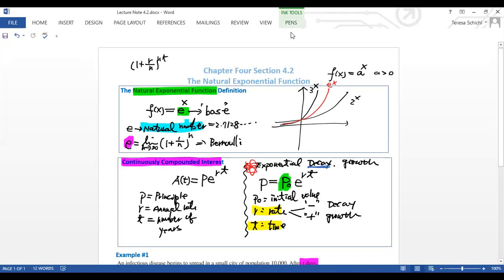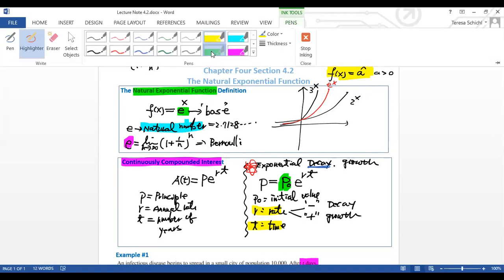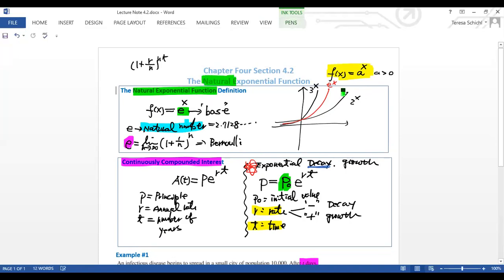Of course, this is the general definition. That's why we call this the natural exponential function. The e to the x function has way more applications, so typically when we talk about exponential functions, we mean e to the x.